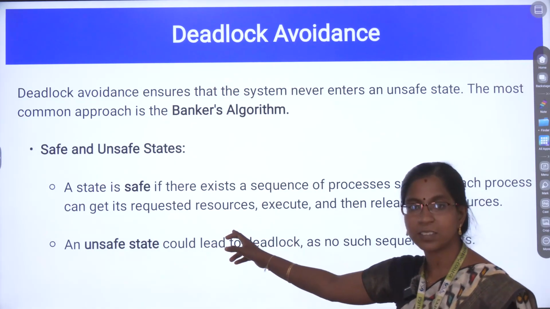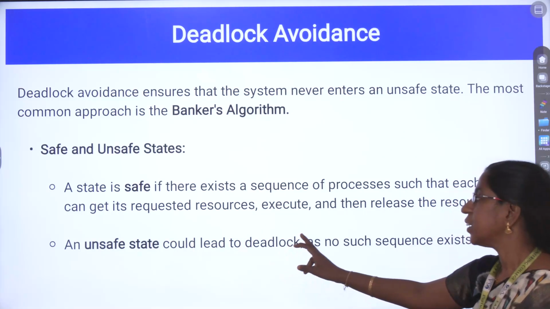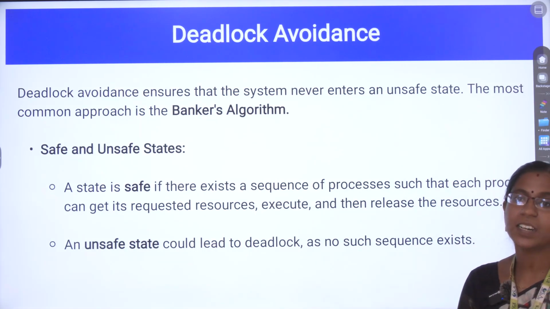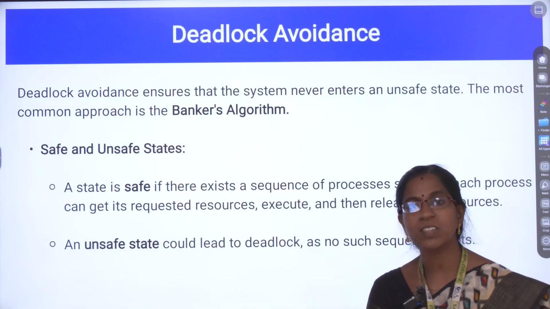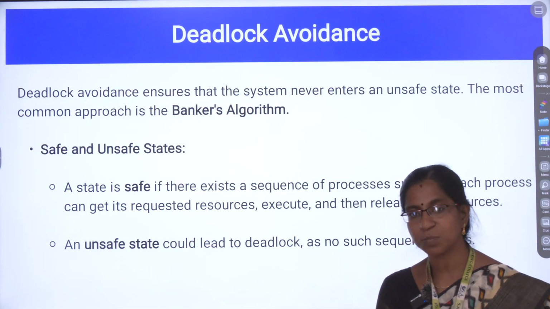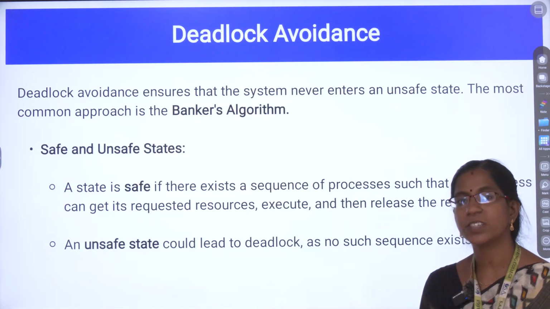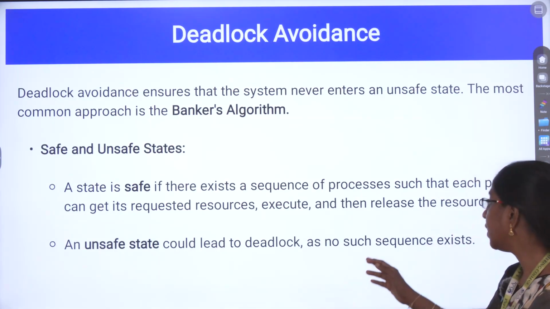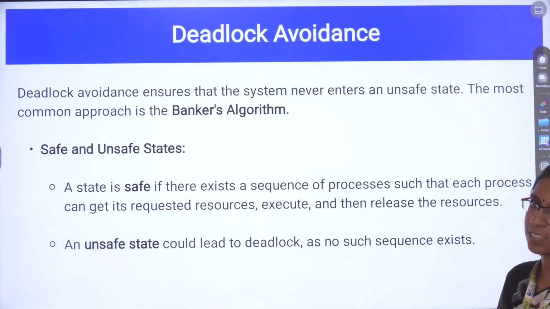Okay, this is called a safe state. Then an unsafe state would lead to deadlock. Here the process is in deadlock, meaning the requested resource is not obtained, as no such sequence exists.